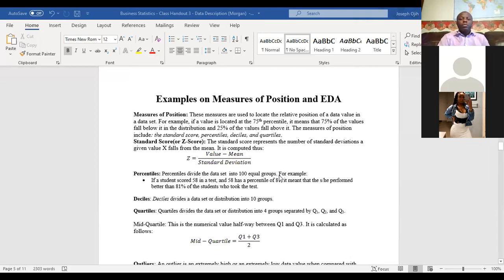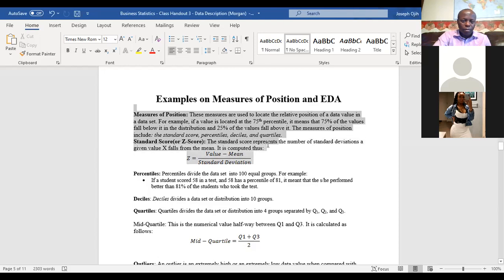Today we'll be looking at measures of position, and this EDA actually means exploratory data analysis. So let's start with the measure of position, which is the main topic today.